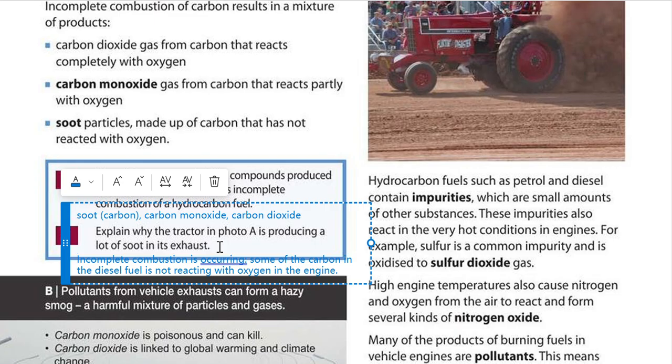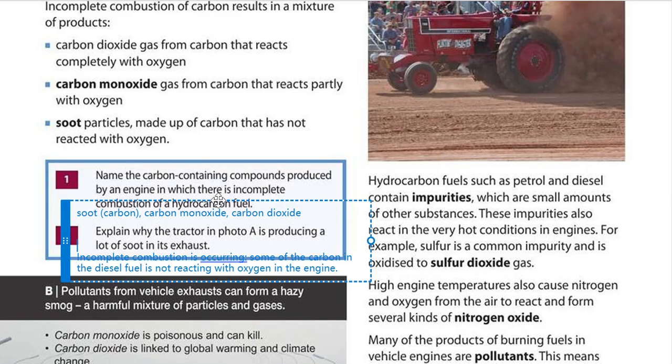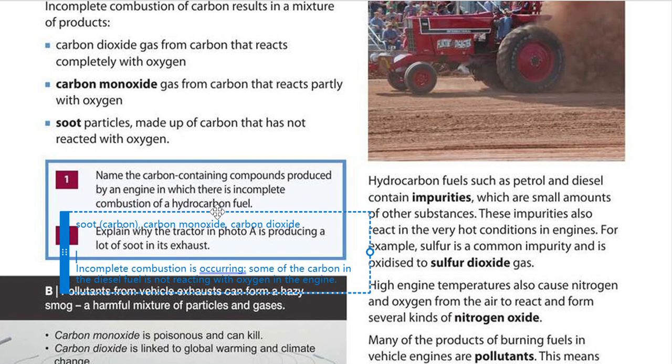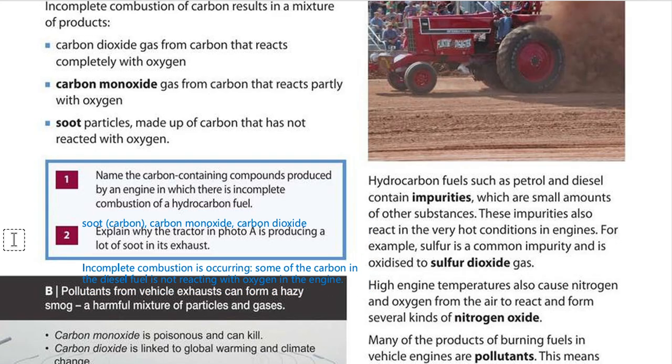What kind of a combustion is happening there? Incomplete combustion. It's incomplete, right?